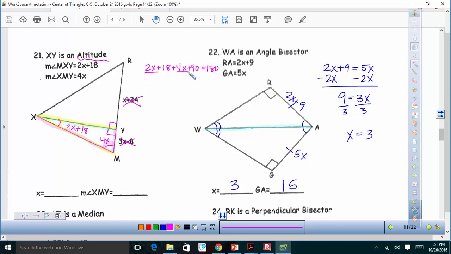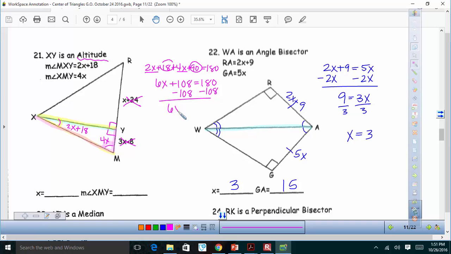Combine 2x and 4x, that gives me 6x. Then combine 18 and 90, which gives me 108 equals 180. Then we're just solving for x. So first we would subtract 108.